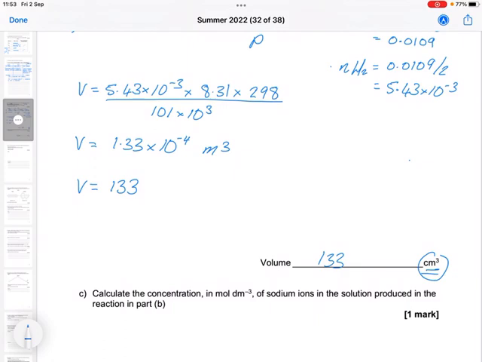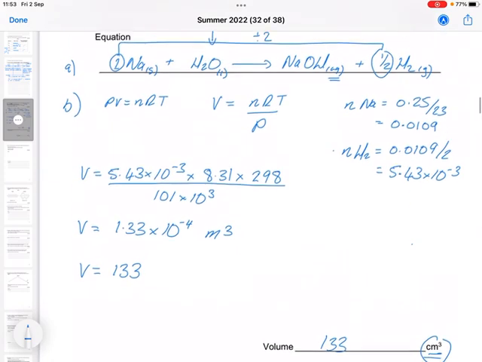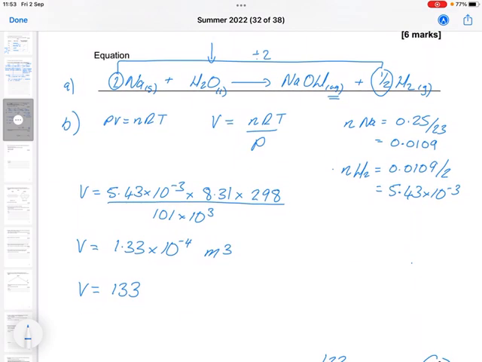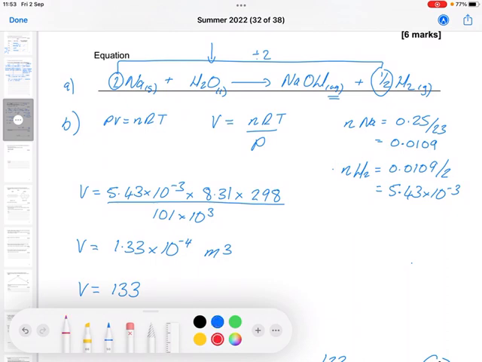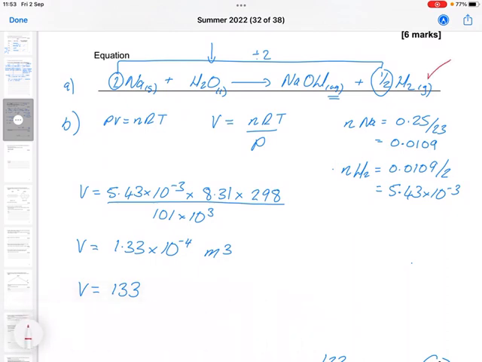So let's just have a look at where the marks are for this question. Obviously there's a mark for the correct balanced chemical equation. There's one for working out the number of moles of sodium. There's one for working out the number of moles of hydrogen. There's one for converting the temperature and pressure, and those are in here, so I'll put that there.